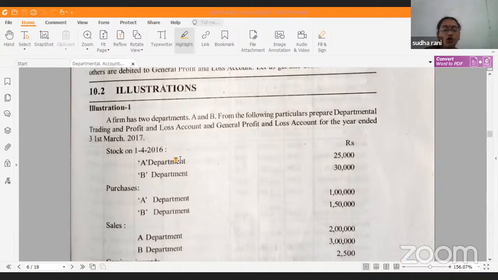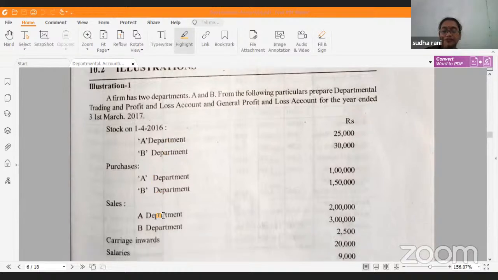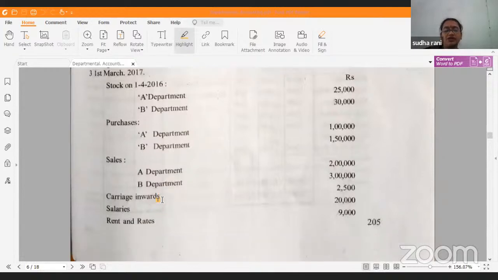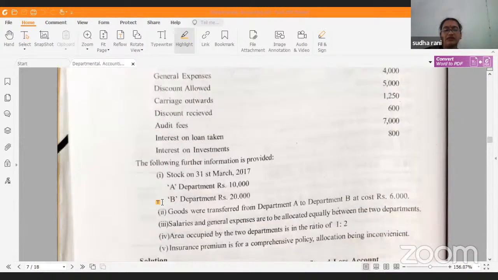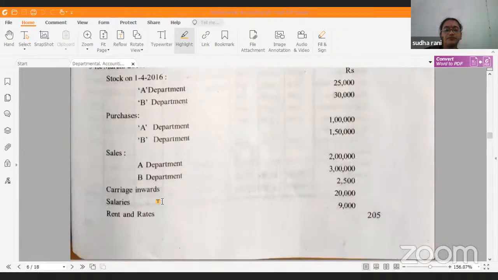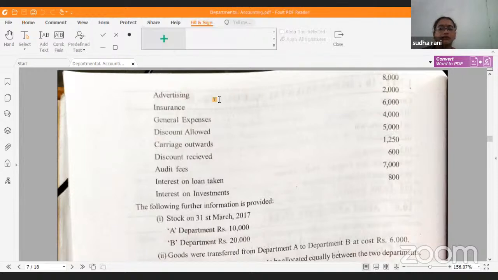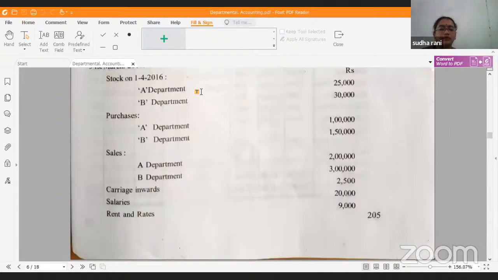See here: opening stock, purchases and sales of each department are given, and then you have been provided carriage inward, salary, rent and rates, advertising, insurance, discount, interest on loan. So these expenses are given department wise.